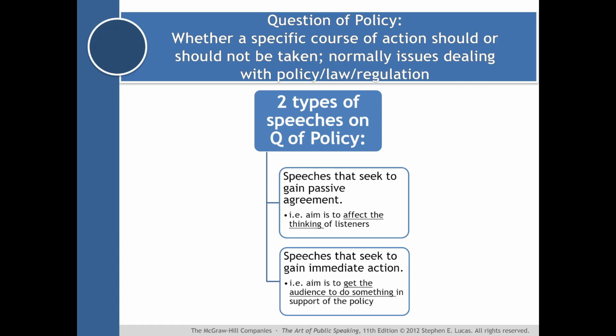With that, you want the audience to do something about it. Don't just stay there, listen, and agree. You want them to take action. Maybe they want to vote for something. Political speeches are usually these questions of policy. They want you to agree and then take action based on that, either one.